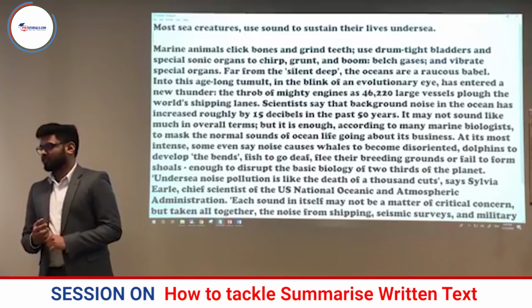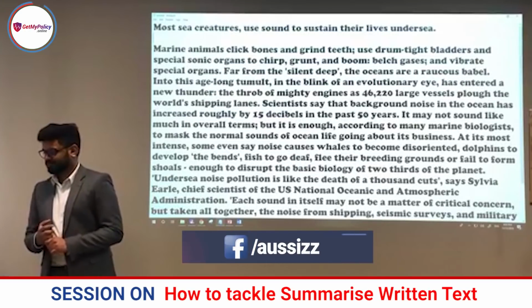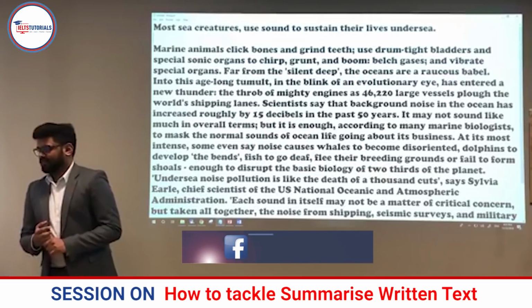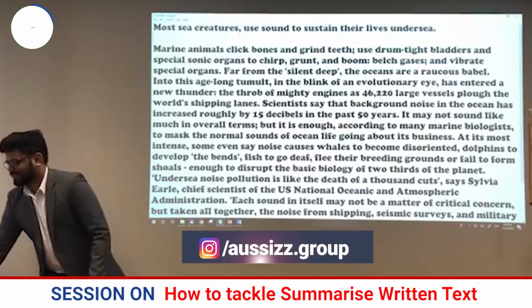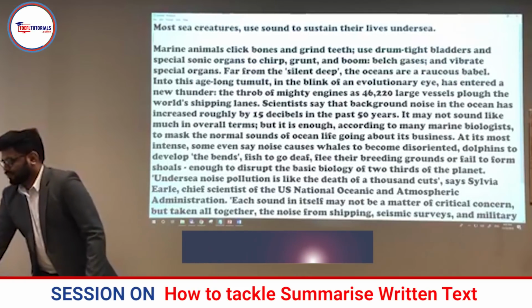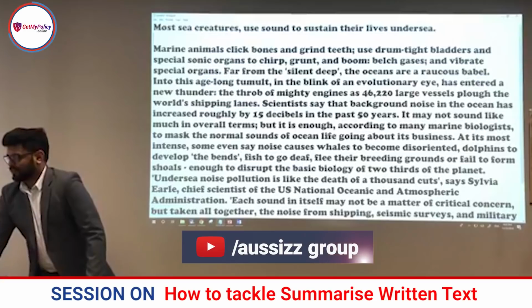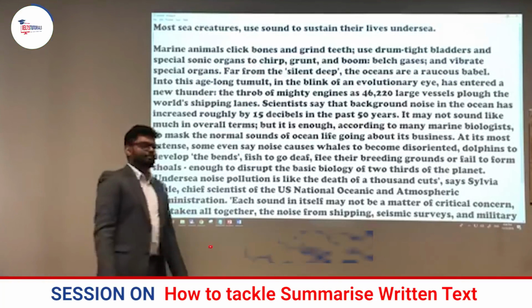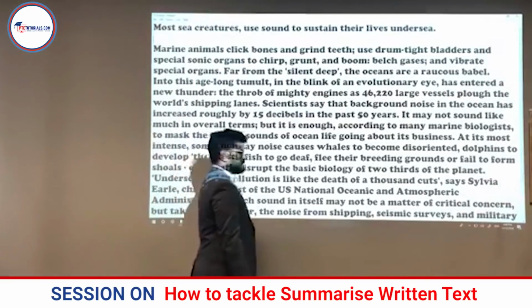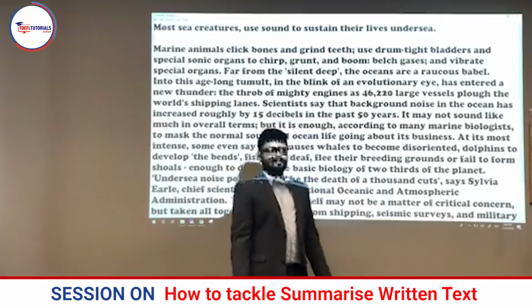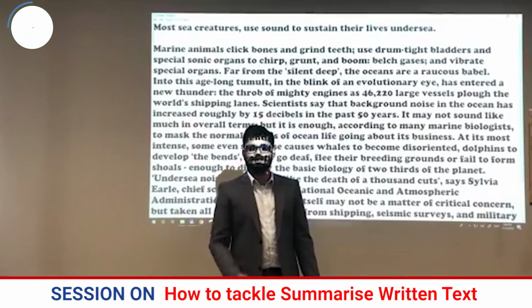It may not sound like much in aural terms, but it is enough, according to many marine biologists, to mask the normal sound of ocean life. Again, this is a lot of information that is irrelevant, because one thing that I can actually understand here is that scientists have come to a conclusion that there is a lot of noise generated by human activities.